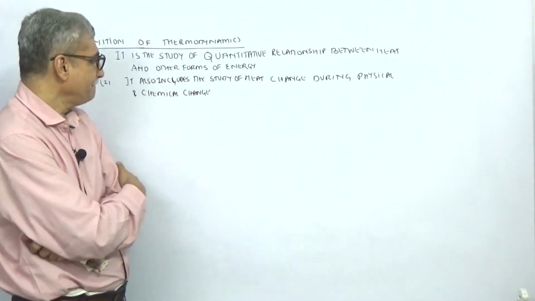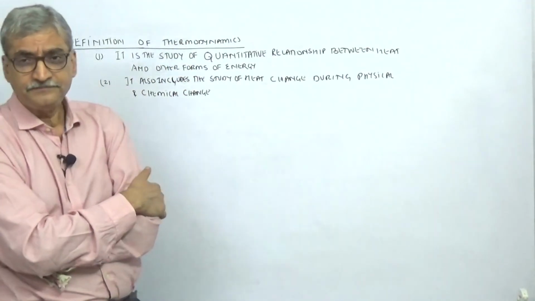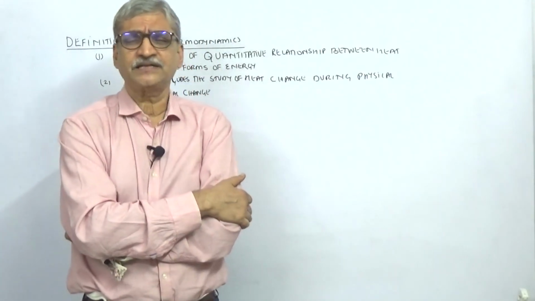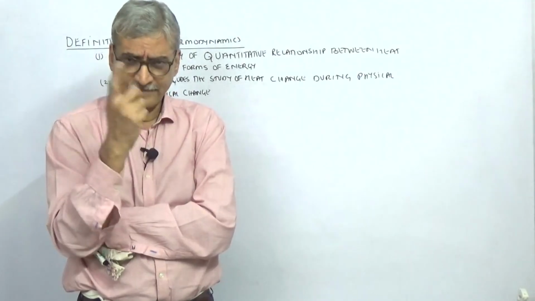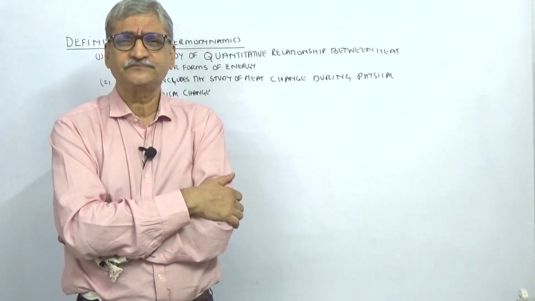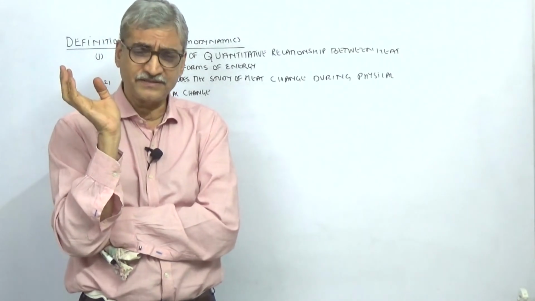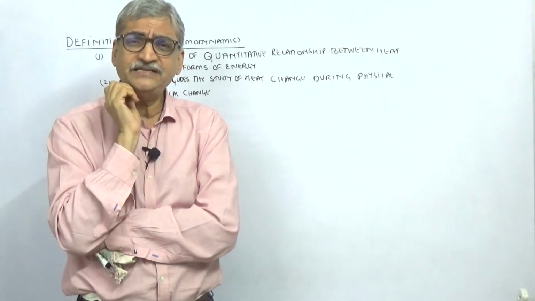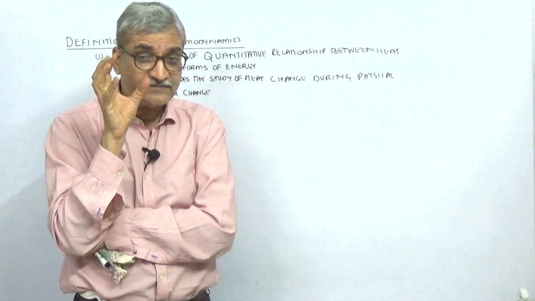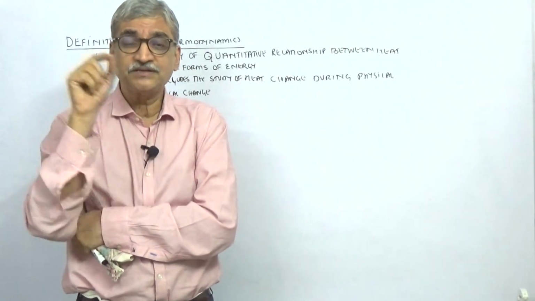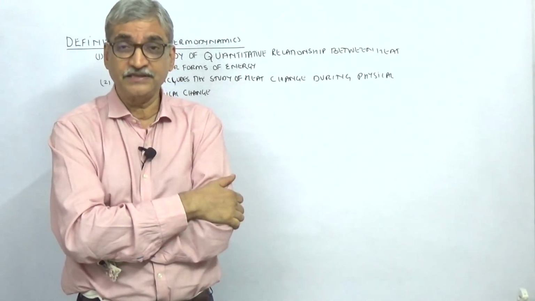Is this clear? And also we are going to study physical changes like melting, boiling, sublimation. There is some heat change involved in that, and these values are required for certain other purposes. Is this clear?